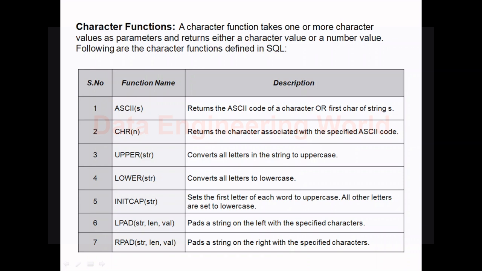The next function is rpad, which pads the character to the right of the existing string up to the specified length. This function also takes three parameters: the string, length, and the character which has to be padded.